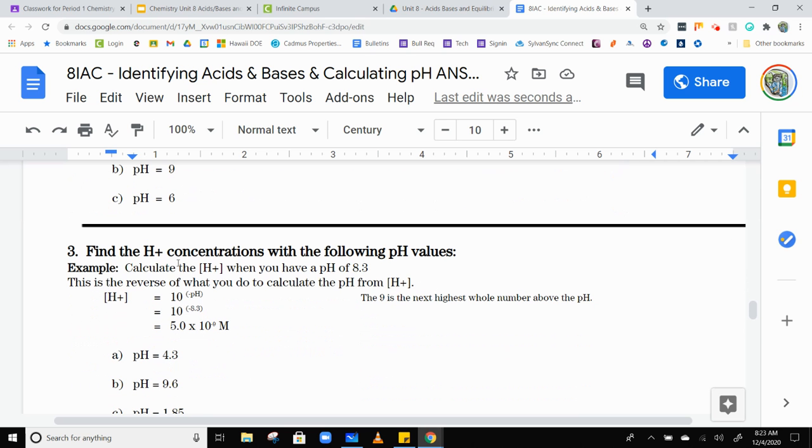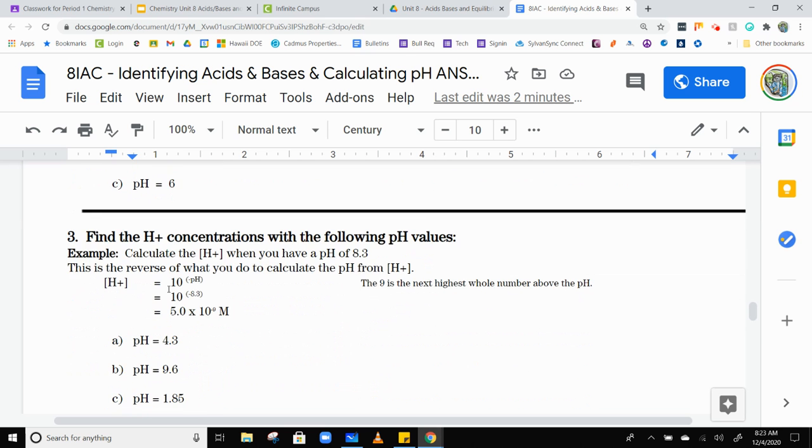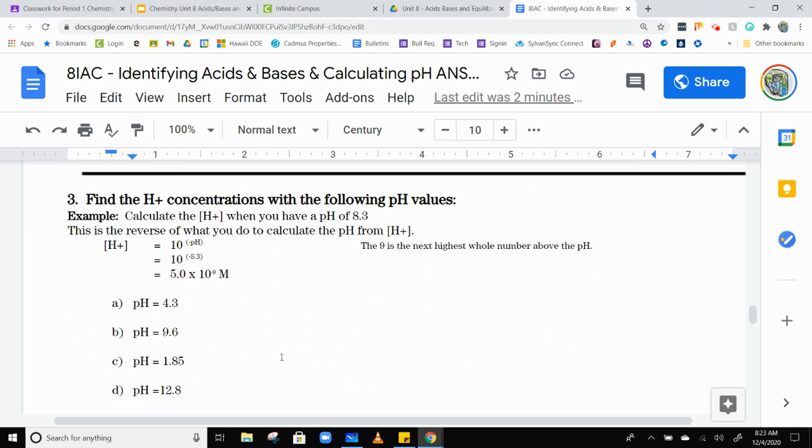Then in order to find H plus concentration with pH values, I kind of screwed that up here, but I should have put the example up here and then just continue down here. All you're doing is the opposite of log, and the opposite of log is 10 to the power. So to find H plus concentration given pH, you take 10 to the power of the negative pH.